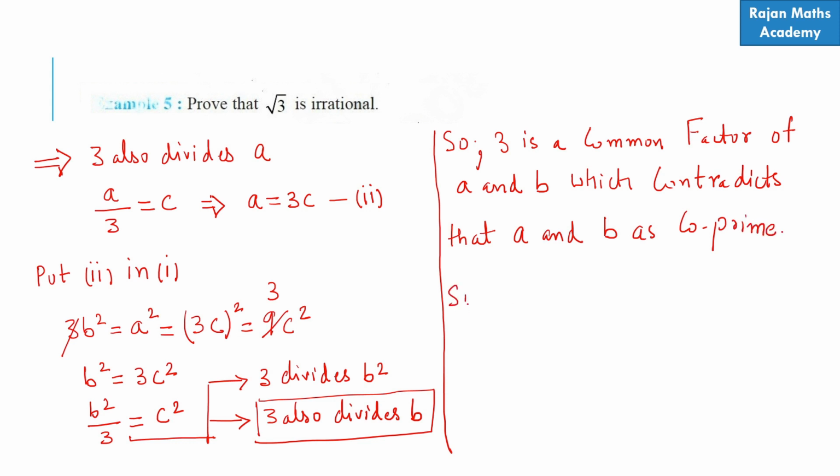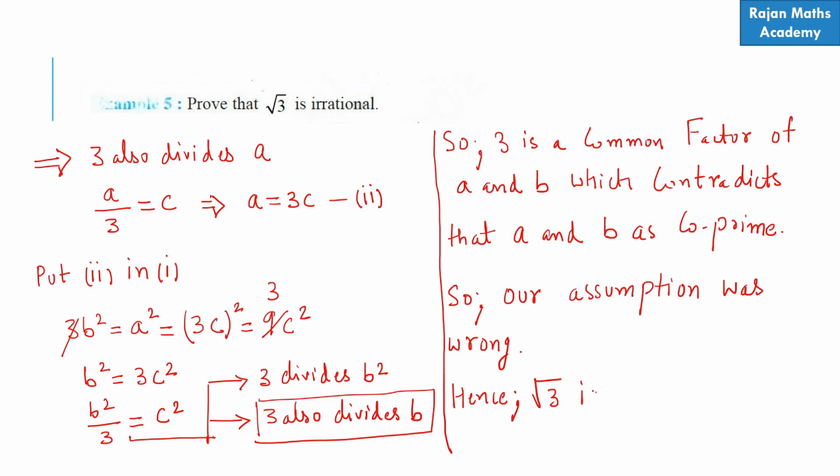So our assumption was wrong. Hence root 3 is an irrational number.